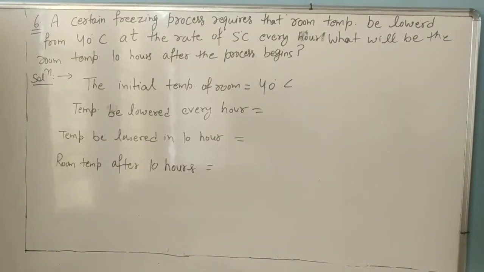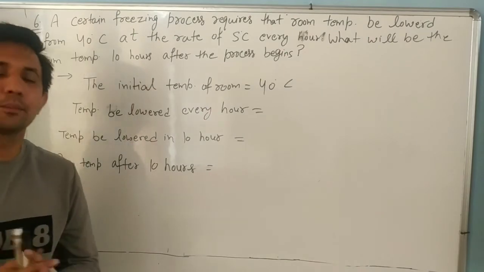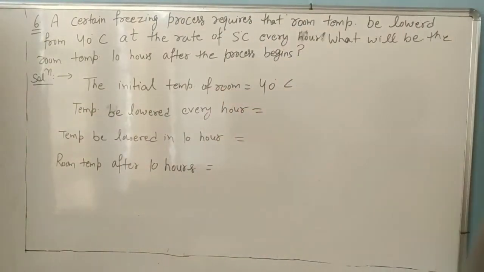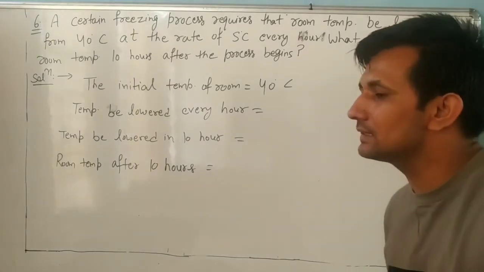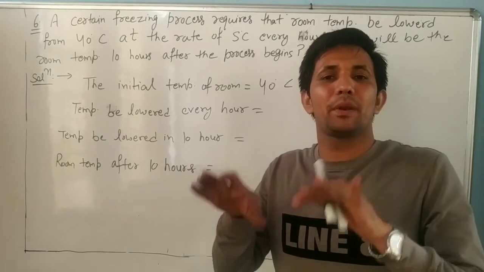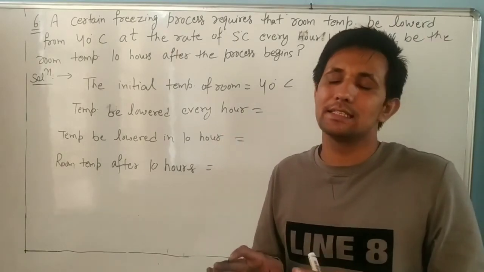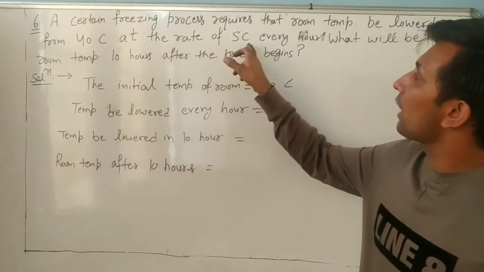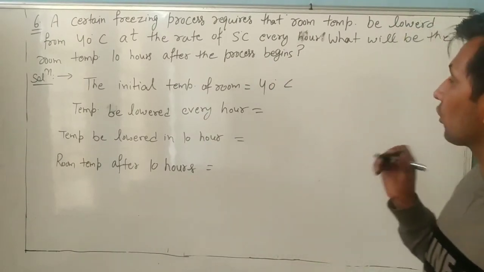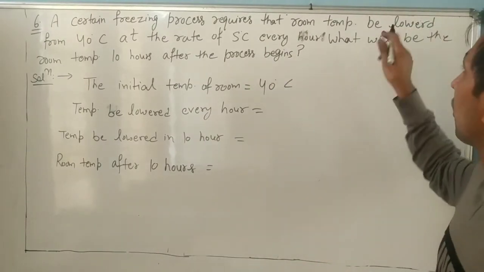Now dear, question number 6. A certain freezing process required that room temperature be lowered from 40 degrees Celsius. It means now the temperature of the room is 40 degrees Celsius, at the rate of 5 degrees every hour. Lowered means decreasing.